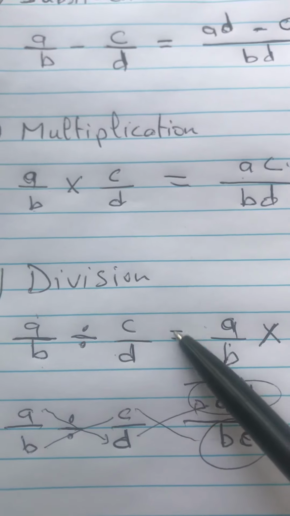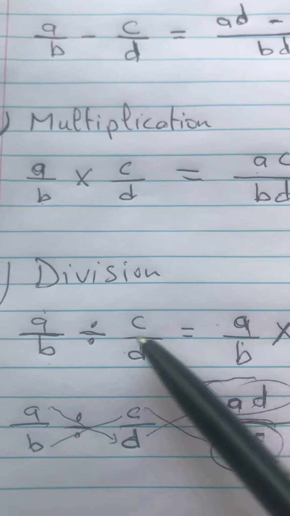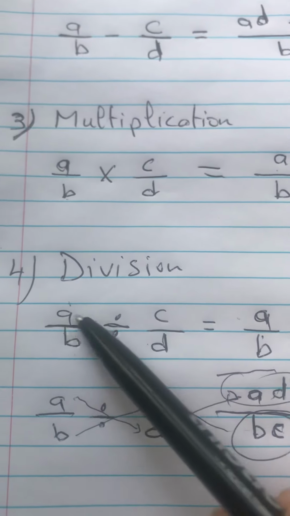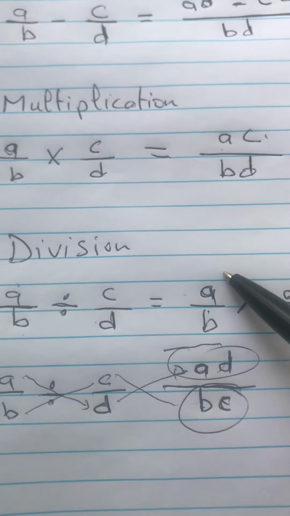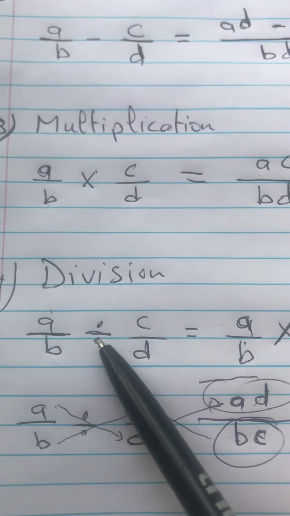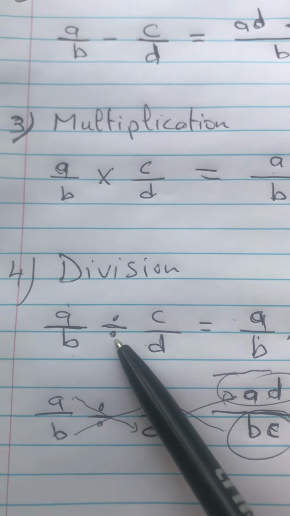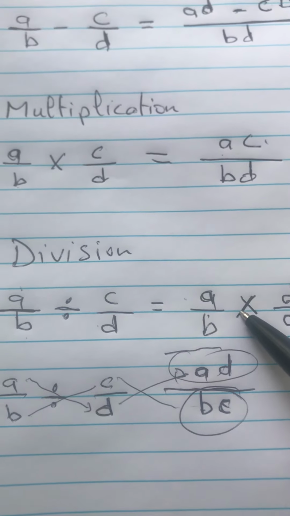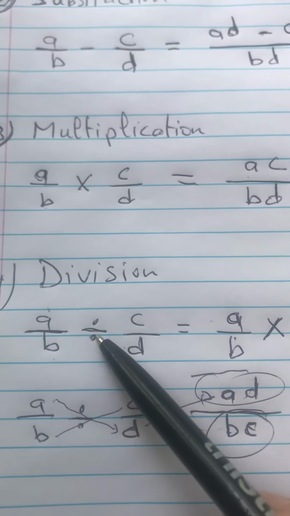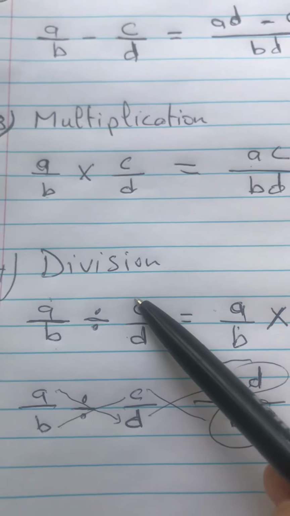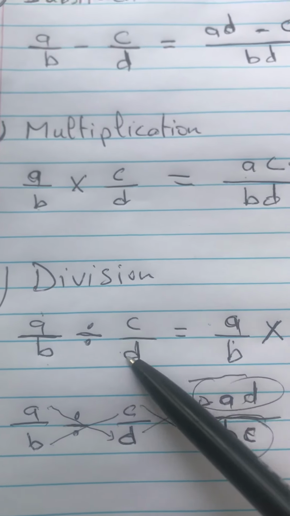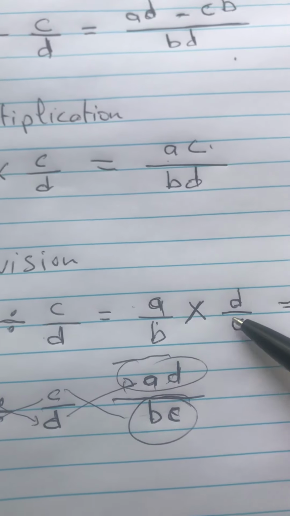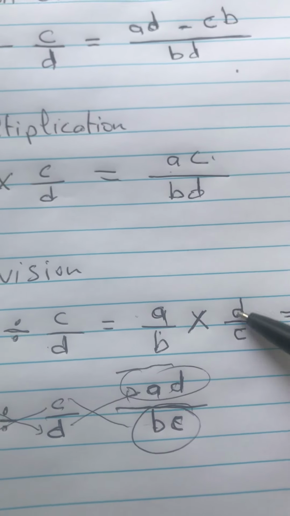So you do equals, then we take the first fraction as it is, a over b. Then we take the sign, which is divide, and we turn it into multiply. Once we do this, immediately we put this one upside down. c over d will become d over c. So it's not c over d, it's d over c.